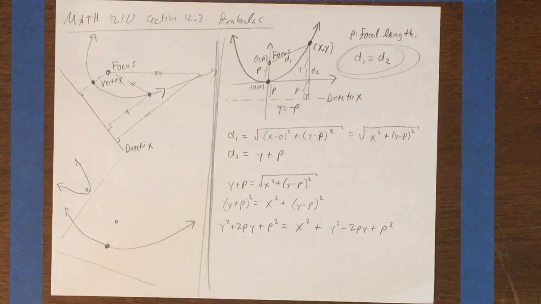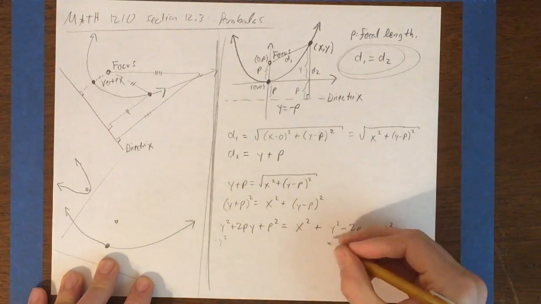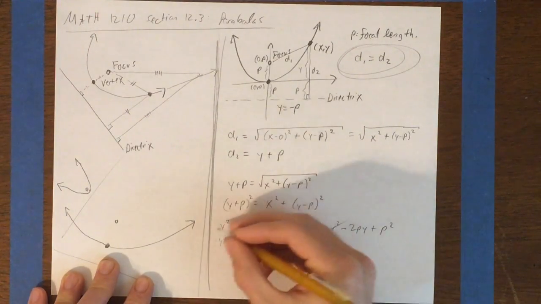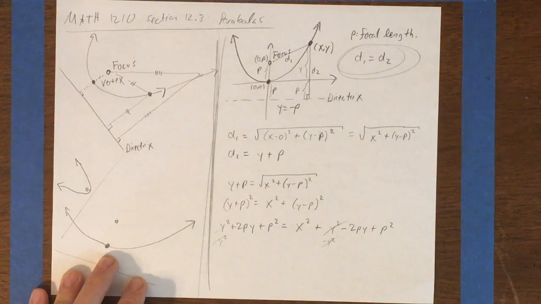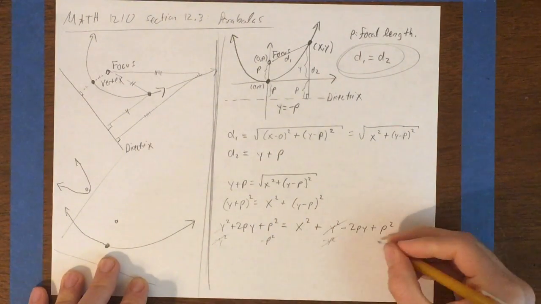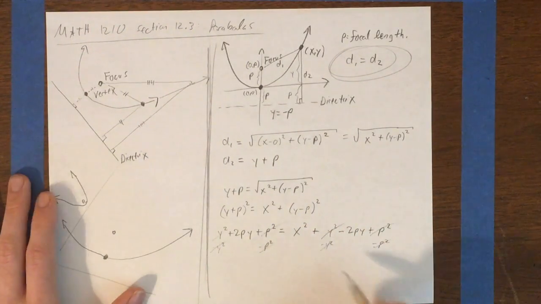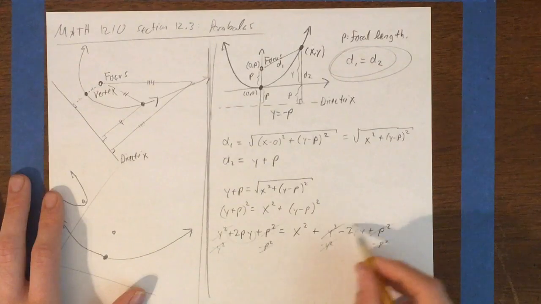All right? So we're getting really close, because now we can see that a bunch of stuff is going to cancel. If we subtract y squared from both sides, they both have a positive y squared, which will cancel out. And similarly, they both have a plus p squared, so we can subtract p squared, and that'll cancel out too.